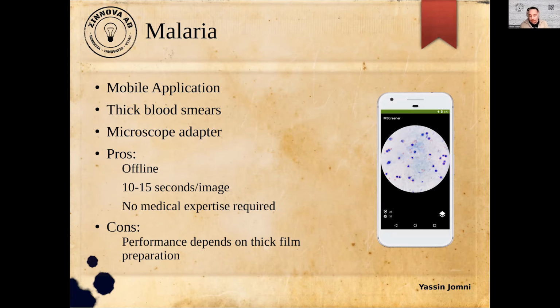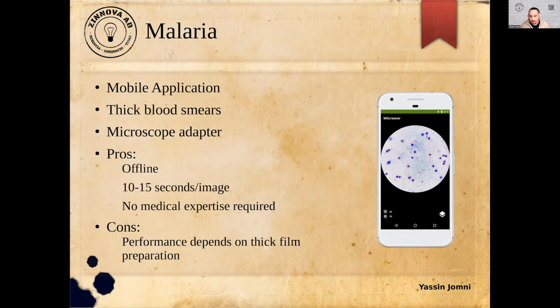This algorithm is currently implemented in a mobile application. It doesn't take a lot of resources to compute, so to speak. The pro of this is that the algorithm is offline, so you don't need infrastructure, because if you use this in remote villages, you don't have any infrastructure.